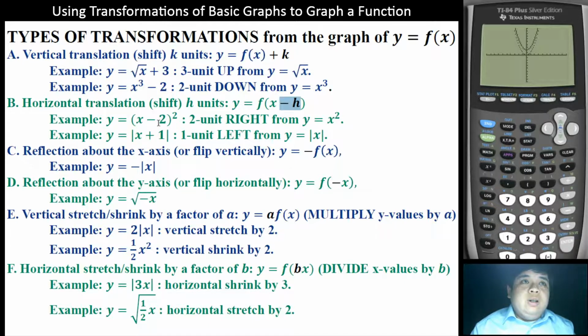For example, we have y equals (x minus 2) squared. It will go 2 units to the right. Now we graph (x minus 2) squared. Originally we have x squared, and then the graph will go 2 units to the right. It will be similar if we add: it will go to the left.